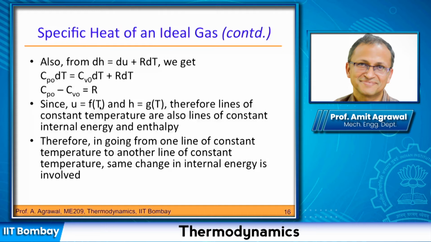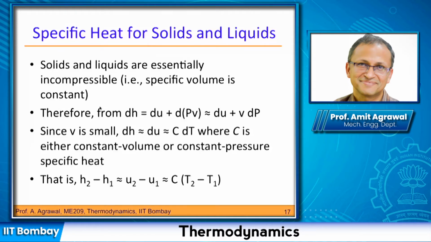Now, if you have to generalize this to solids and liquids, then all you need is what is shown here in this slide. Solids and liquids are essentially incompressible. And of course, incompressible means that the specific volume or the density is constant. Therefore, from H is equal to U plus PV, if you want to take the differential of H, you can write it in this form here, where we have removed the other term.